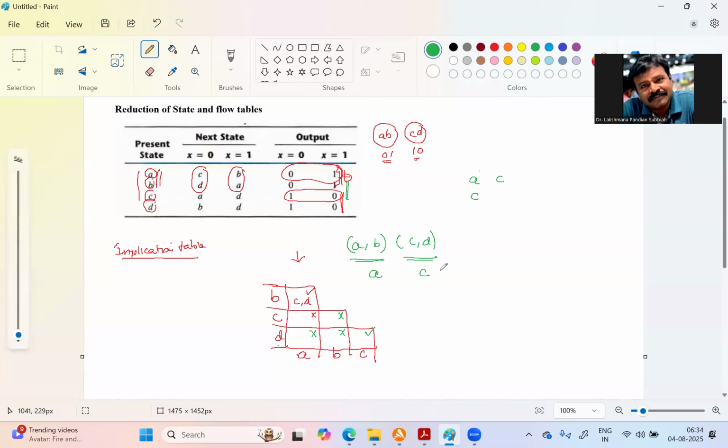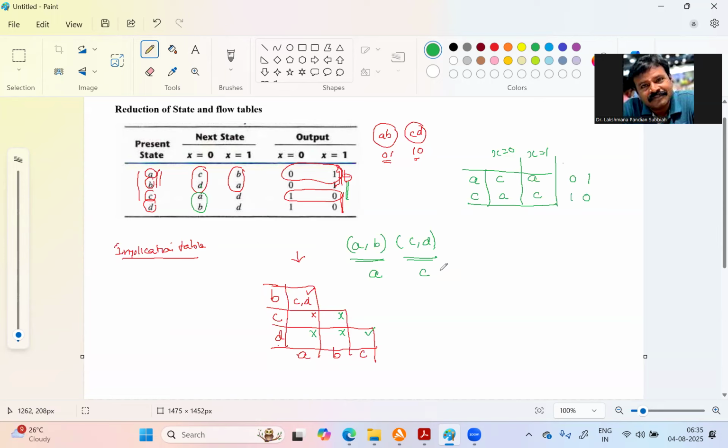Then here for x equal to 0, A goes to CD, so that is C. For B, which is actually A, x equal to 1 gives A. From C by 0, it will go to A. Then C goes to D, and D is C. The outputs are 0, 1 and 1, 0.